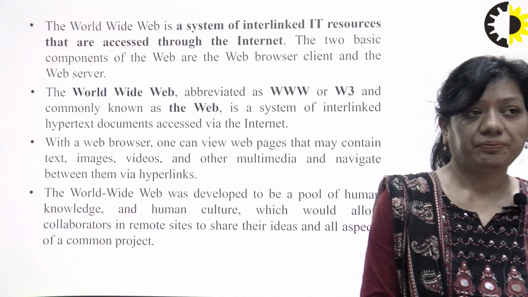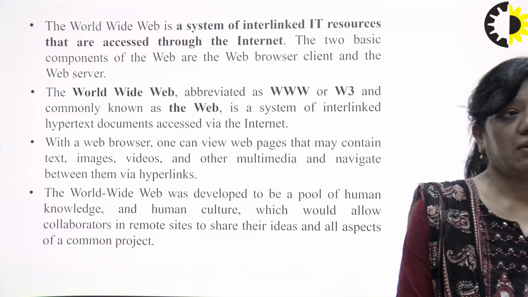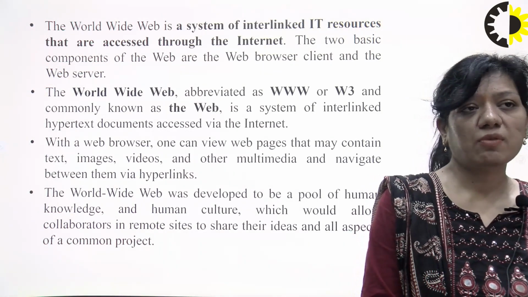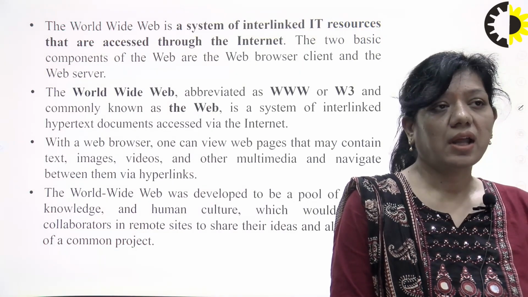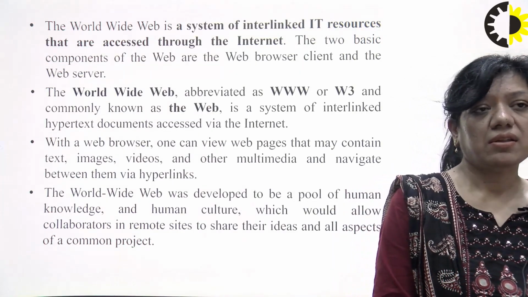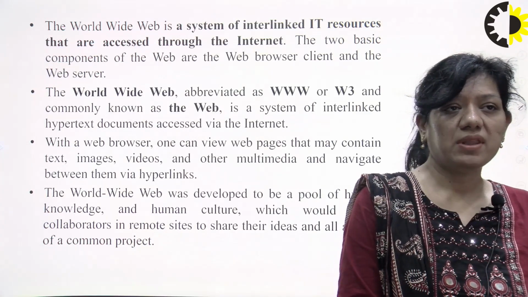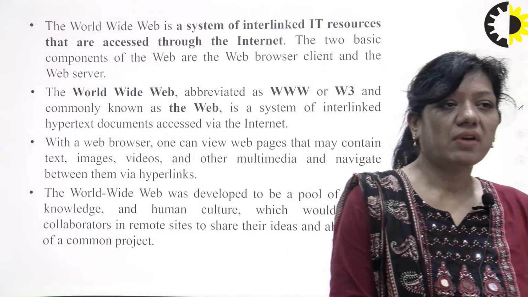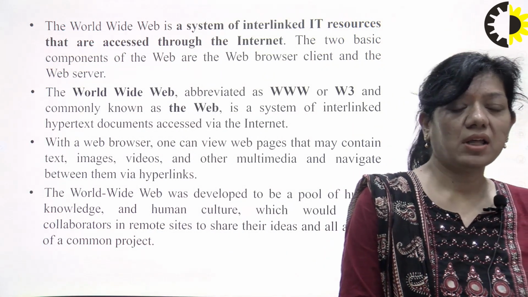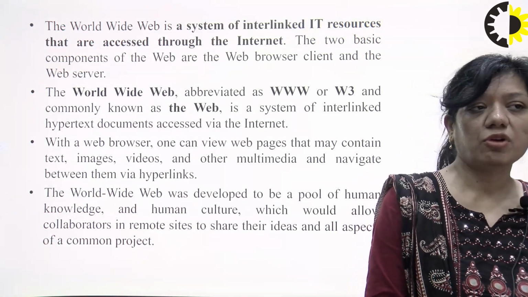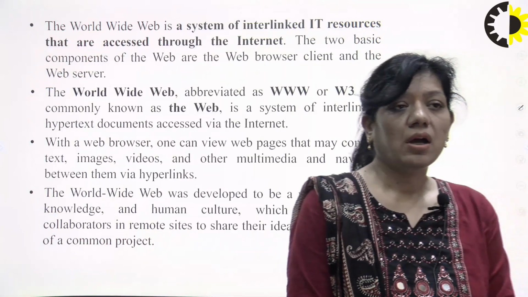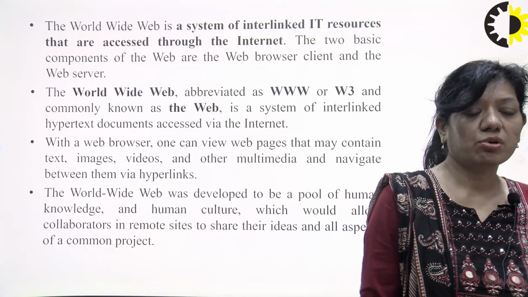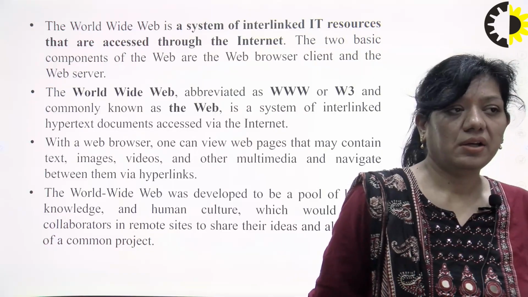Now, in short, we can say the World Wide Web is a system of interlinked IT resources that are accessed through the internet. The two basic components of the web are the web browser client and the web server. The World Wide Web, abbreviated as WWW or W3, commonly called the web, is a system of interlinked hypertext documents accessed via the internet.